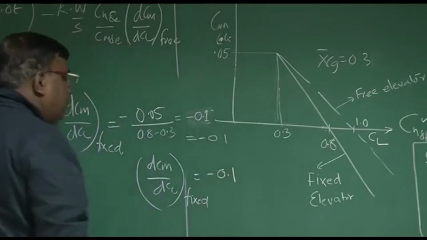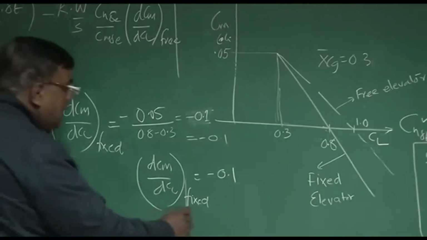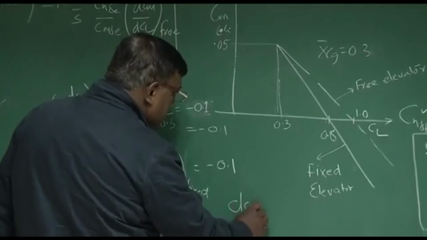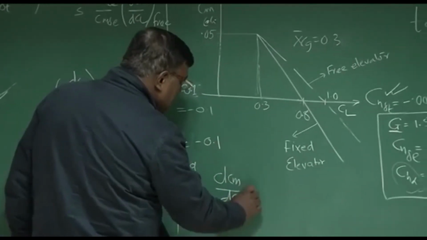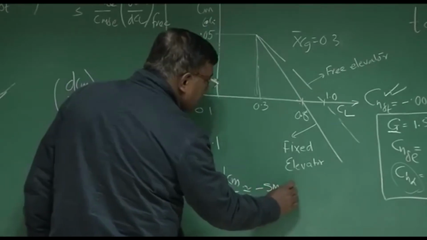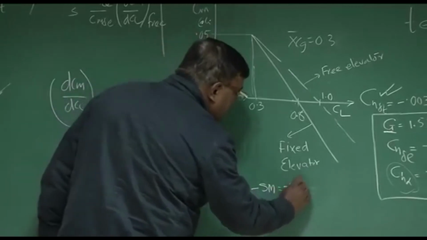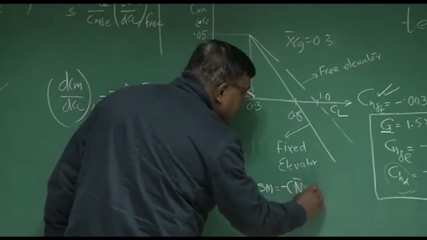So what is the interpretation of this? That means it has a static stability margin of 10%, because I know dCm by dCl I can approximately write as minus static margin, or minus of (neutral point minus xcg).